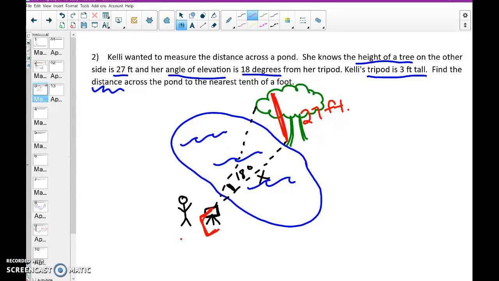Well, the problem with that is that her tripod is not looking at this 18 degrees from ground level. It's looking at it 3 feet off the ground, which means in reality this side is no longer 27. You have to take off 3 feet and make it 24. From there it becomes pretty usual. It's the same as what you usually do.